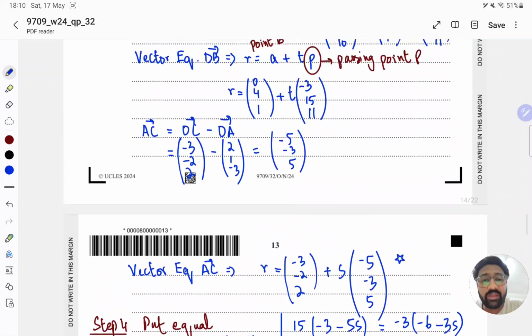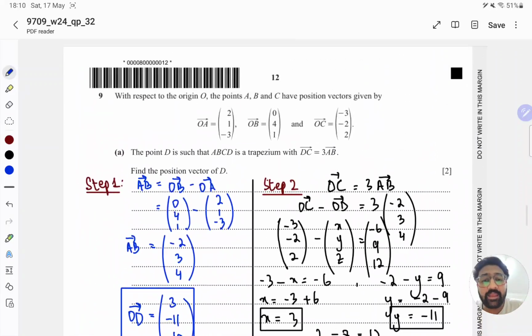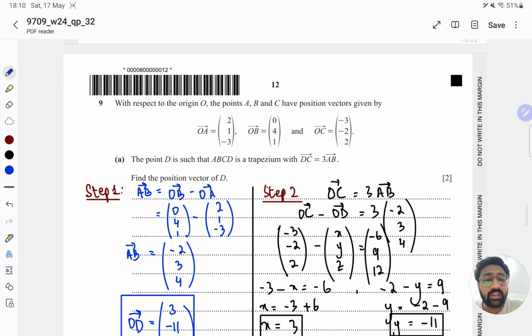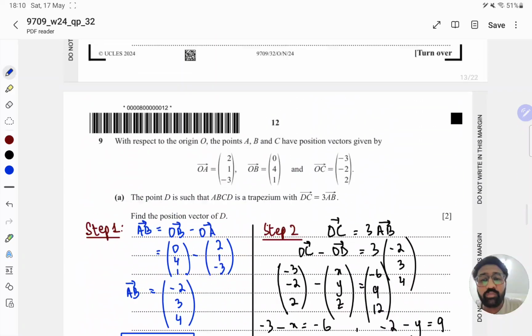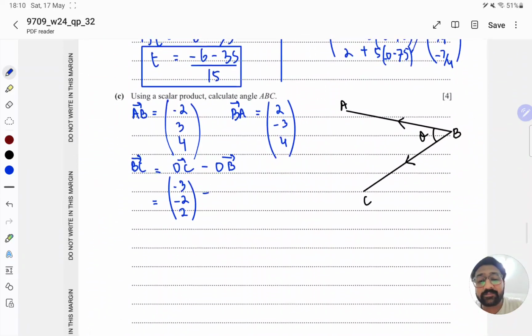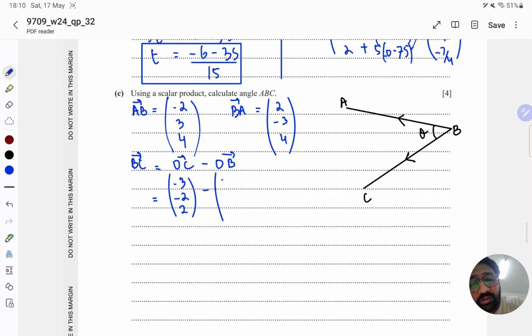So OC is -3, -2, 2, minus OB, which is 0, 4, and 1. So it will be -3, -6, and 1. So this is the vector BC.